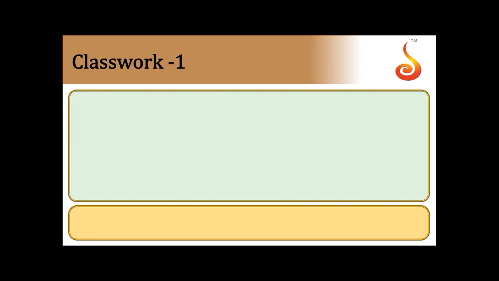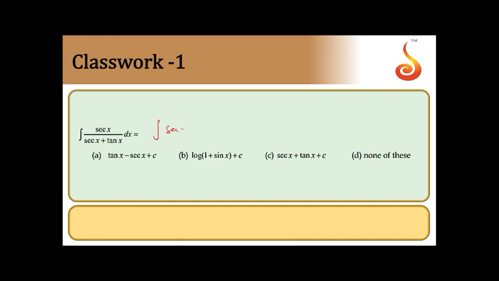Modifying it, I can multiply and divide with secant x minus tan x: integral secant x multiplied by secant x minus tan x. The integration of secant square x is tan x, and the integration of secant x tan x is secant x, plus c. So tan x minus secant x plus c is the required answer.